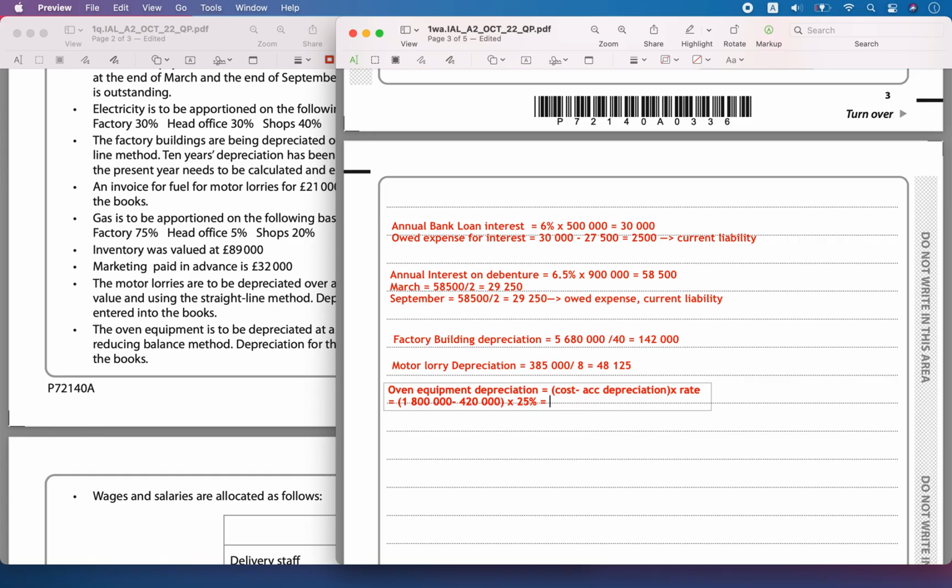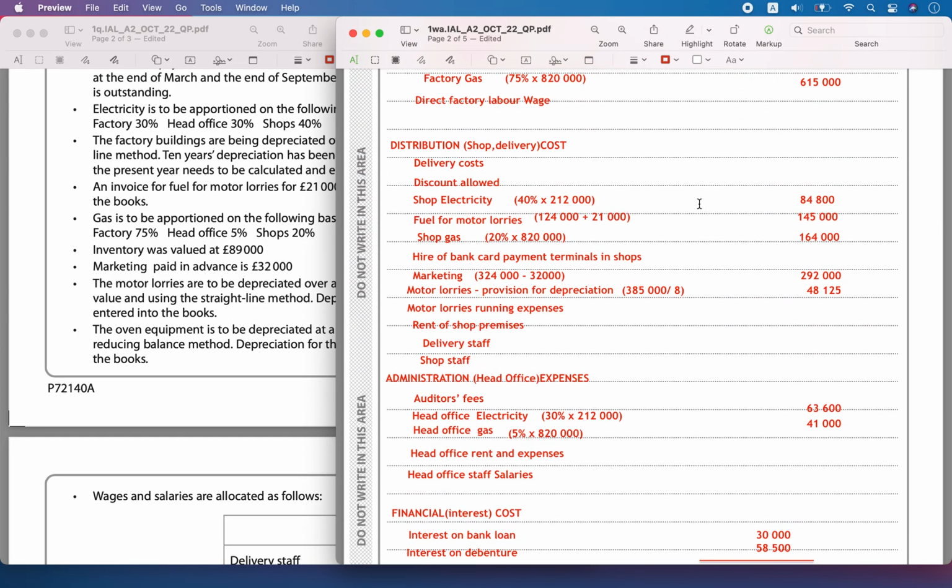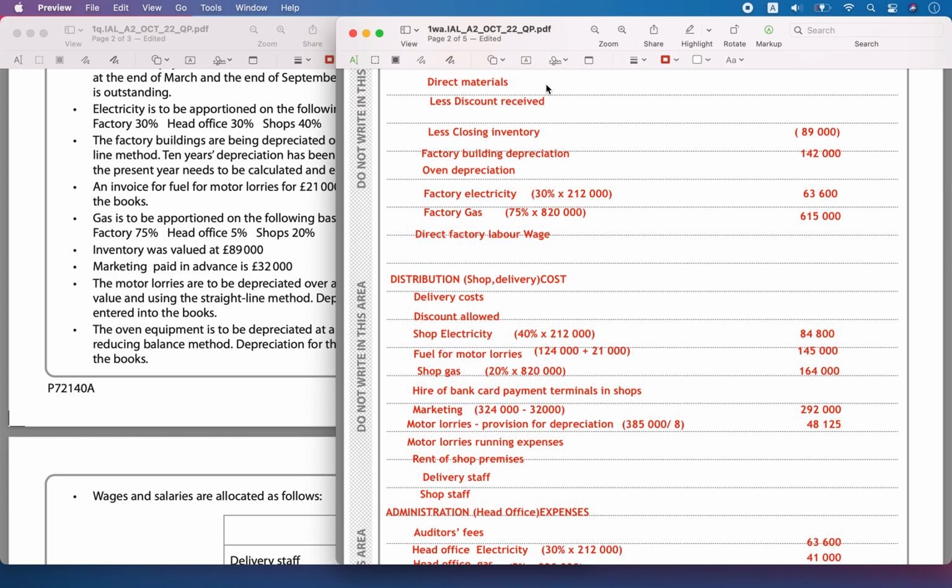So that value is going to be equal to 1,380,000 times 25%, that is going to be equal to 345,000. So now let's write it here for the oven equipment. Oven equipment depreciation, using the reducing balance method, it is 345,000.